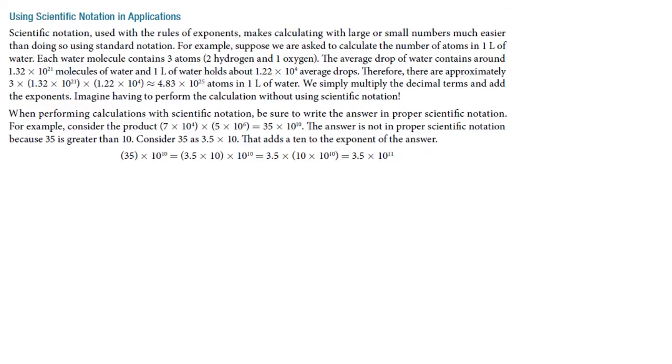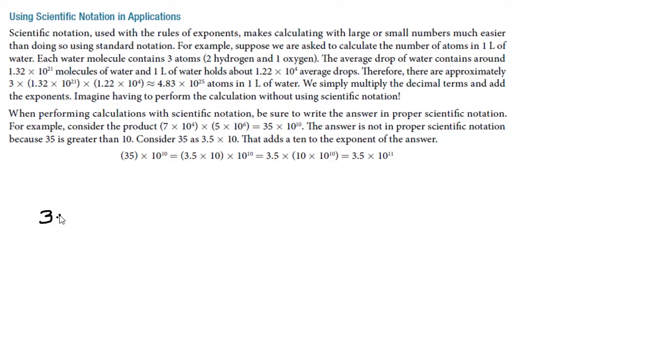Next, we'll talk about using scientific notation in applications. So, for example, if we are asked to calculate the number of atoms in 1 liter of water, we know each water molecule contains 3 atoms, H2O, 2 hydrogen and 1 oxygen.